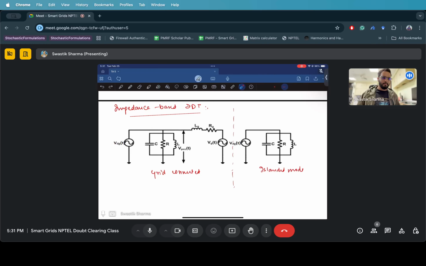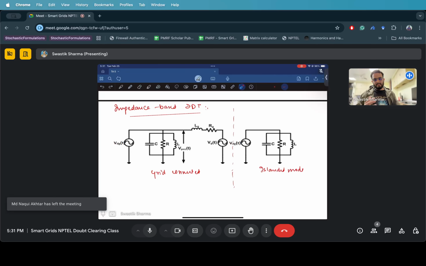Just a single line diagram of our microgrid. It is connected to this PCC, where there is a voltage being monitored, which is called the voltage of the point of common coupling. And we have grid infrastructure as well, which is modeled as a voltage source with point estimates of its resistance and inductance, right?